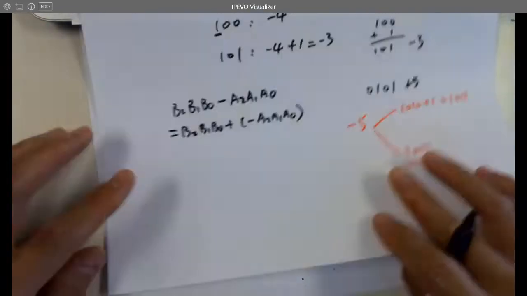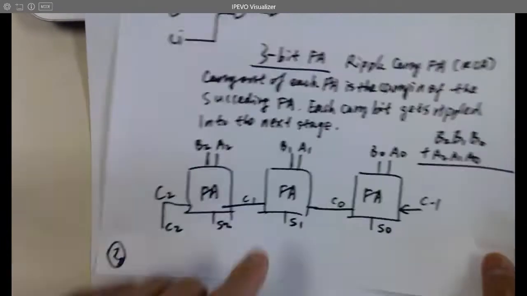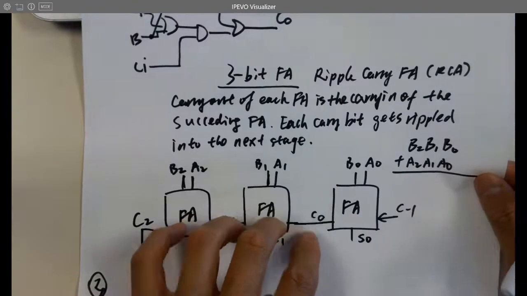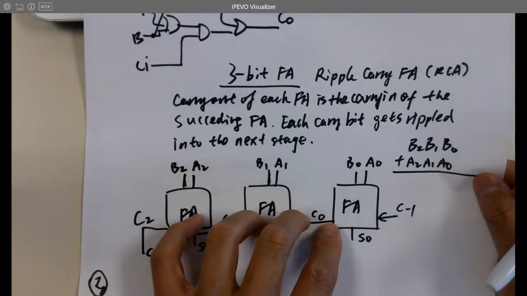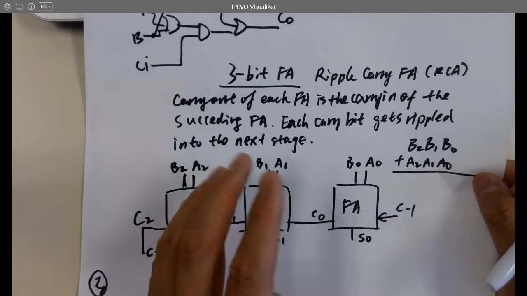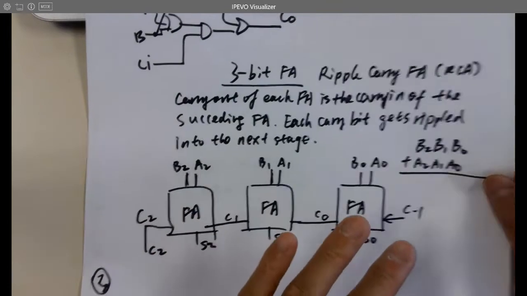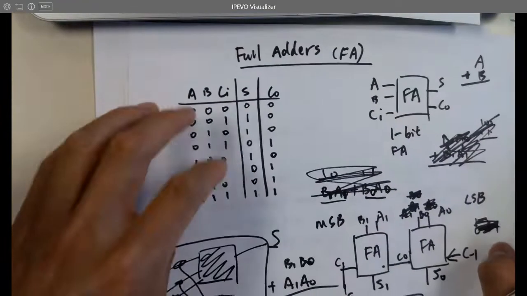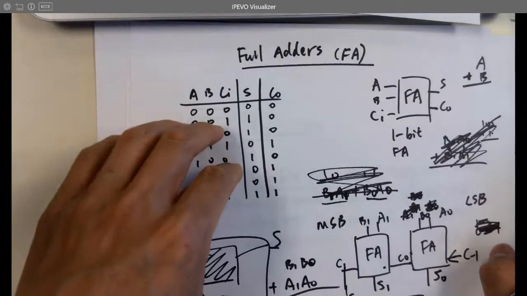Wait, another thought here. The reason we want to use a full adder to implement that subtraction is because we already have this infrastructure built in the circuit. We can use it as a full adder or a subtractor. However, if you just want to design the subtractor itself, but not a full adder, could you start from the truth table?